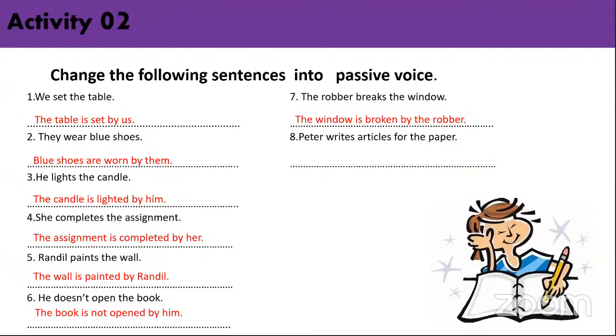Articles, plural, and you have to use are, write, written by Peter for the paper. Or else you can write, articles are written for the paper by Peter. Okay.